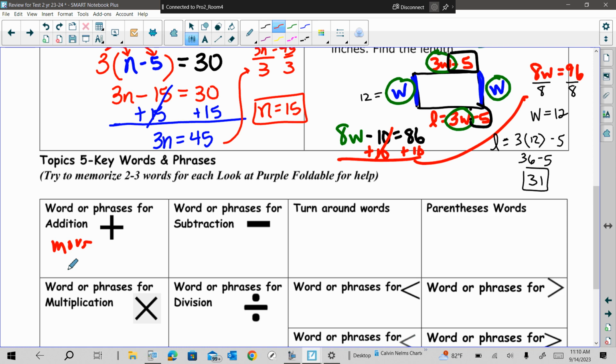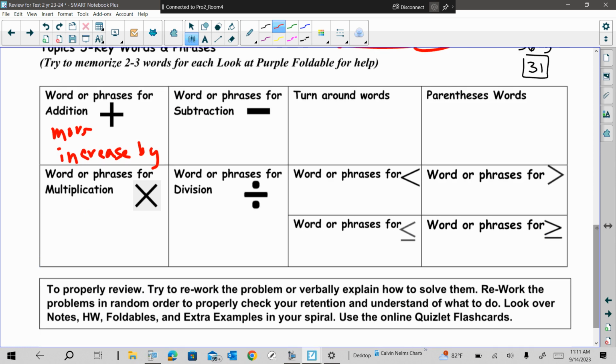More, okay. Increase by, okay, yes, that's what you're putting in. Increase. So you're just giving me 2 to 3 words for each box. All right. Now, for your inequality word or phrase, don't use less than. Think of another word instead of those symbols.